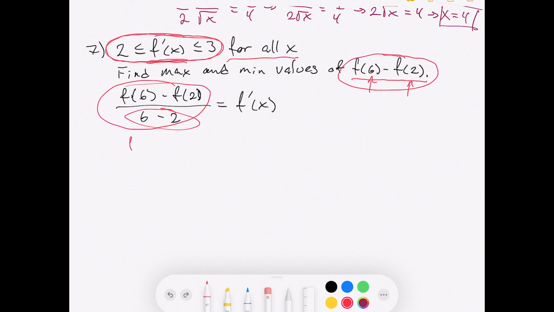I just can't get my colors situated. All right, and what is it that we want to know?